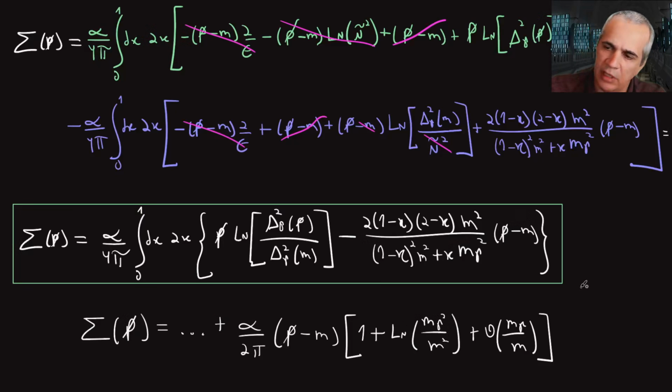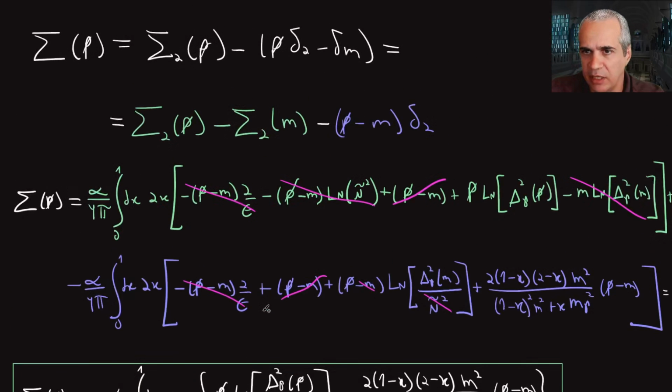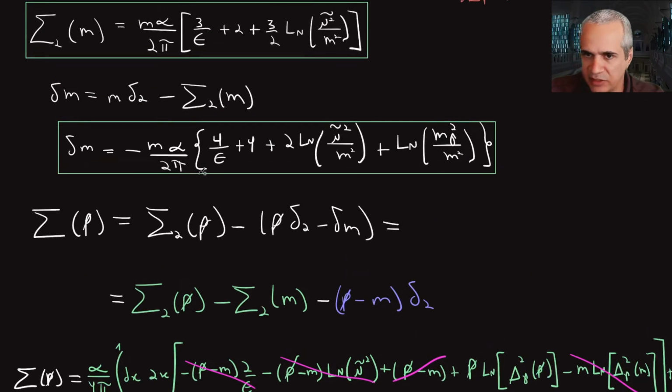One final note in this on-shell renormalization scheme is that you might have noticed that the correction to the mass is proportional to the mass itself, right? We have predicted that this would happen a few videos ago based on chiral symmetry.